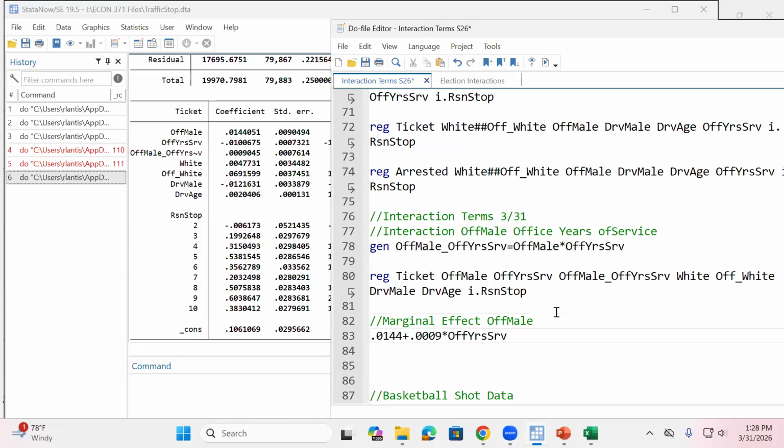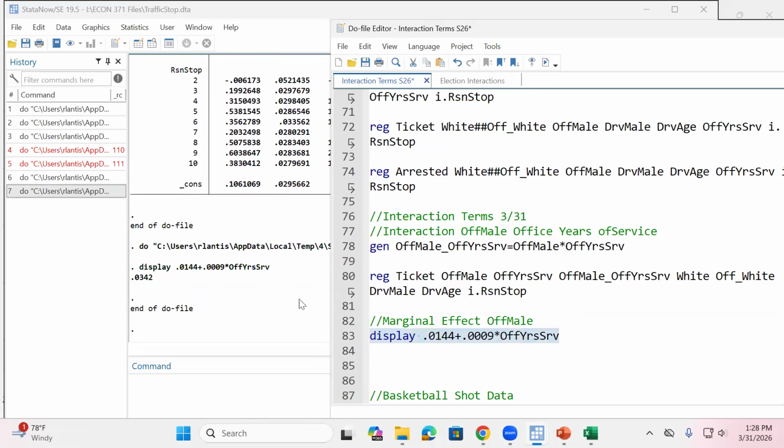So here, I can't really use this display command because it's going to treat officer years of service as basically just a 1. But I know that can vary, right? So what I actually want to do is make different predictions for what that marginal effect is based off of the officer's years of service.